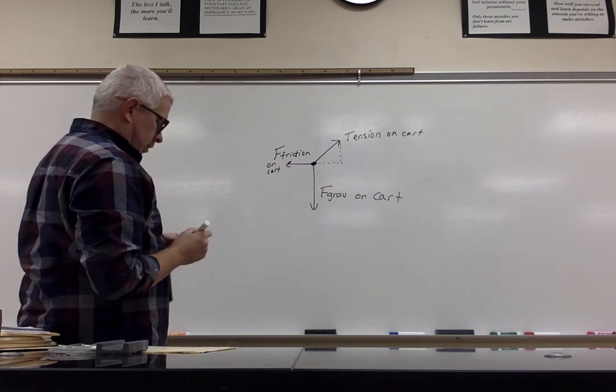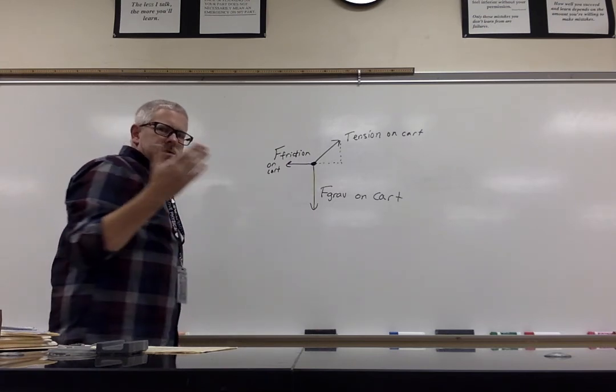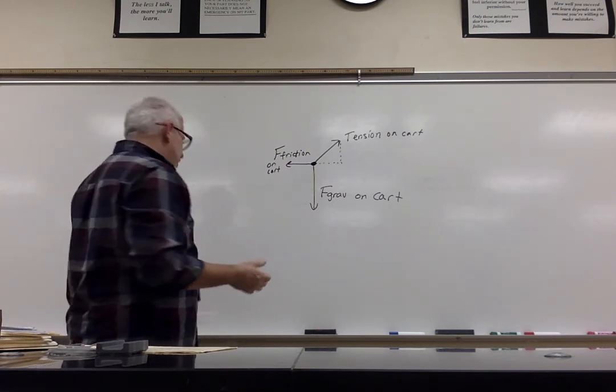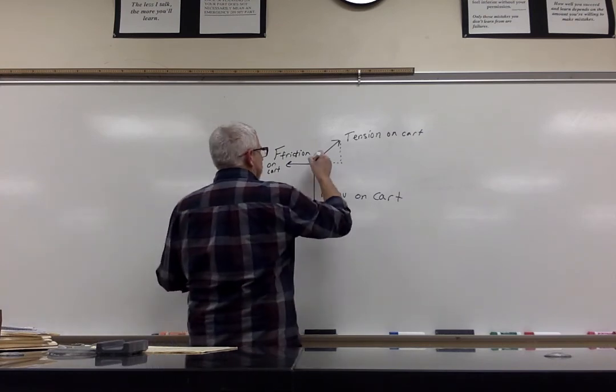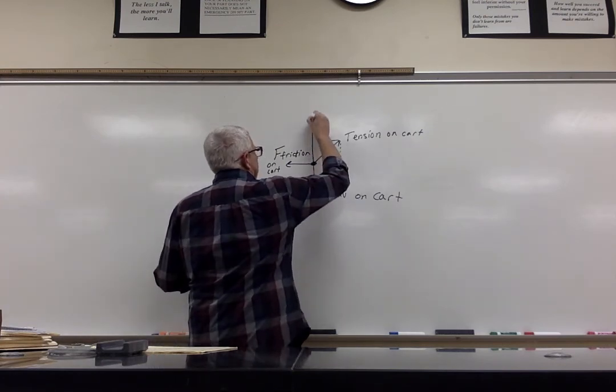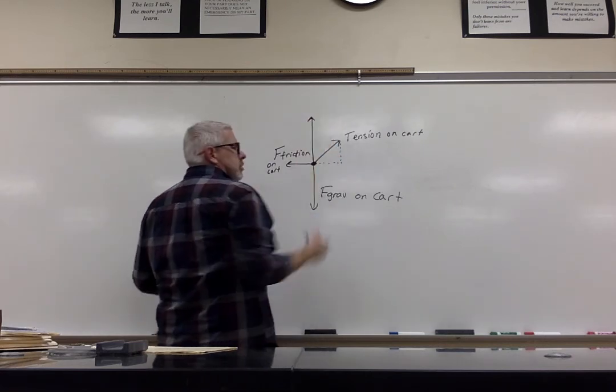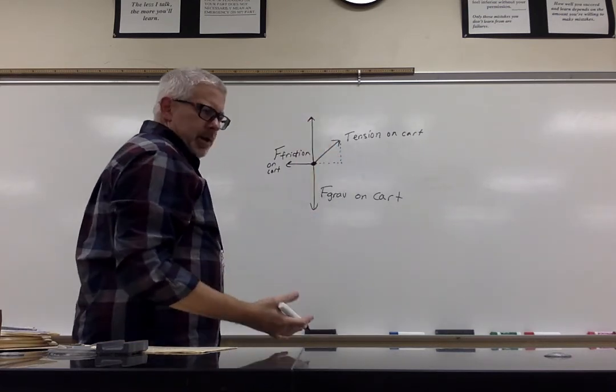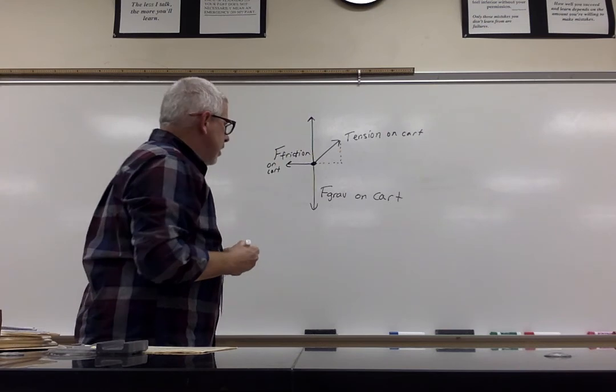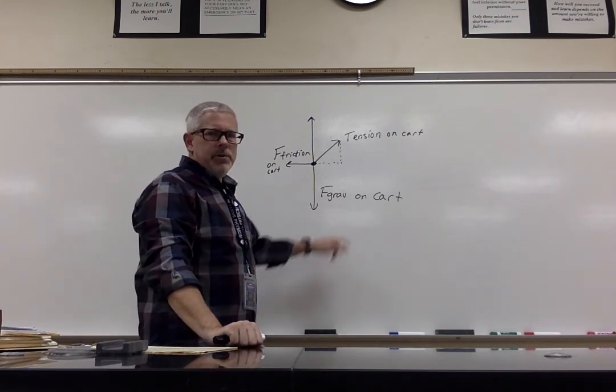All right, what else is going on? Well, we're almost done with this. Now, you might realize that the floor is still acting on the cart, and think about drawing the force of the floor up like this. Because what we've seen so far is that the normal force, which is a perpendicular force coming from the floor, is always the same size as gravity acting downward.